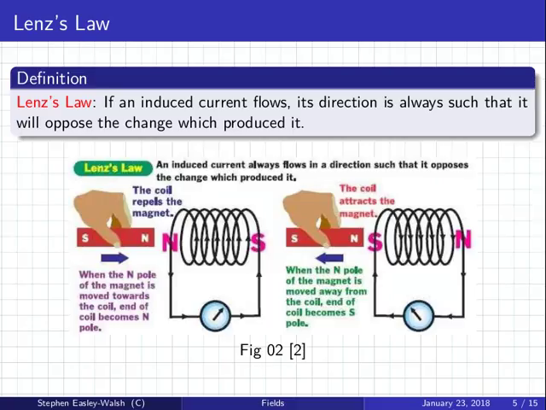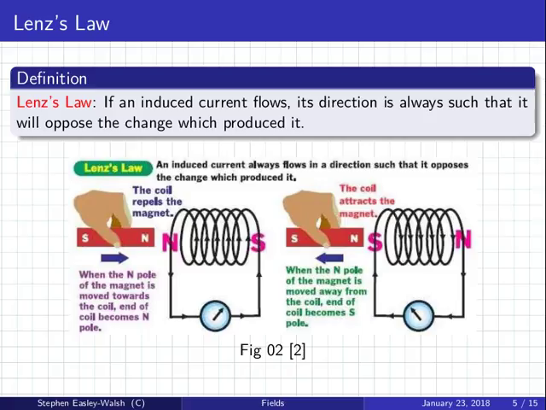You see in this picture, the magnetic field is from north to south. As the magnet moves into the coil, the current moves back out the other side. You can see the current comes out the part the magnet's going in.